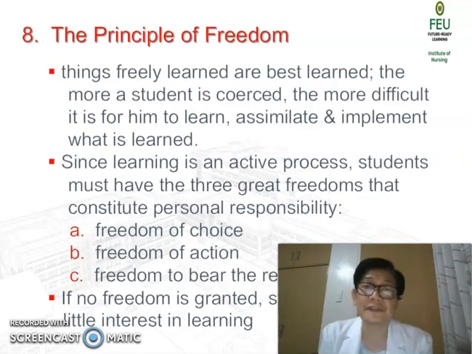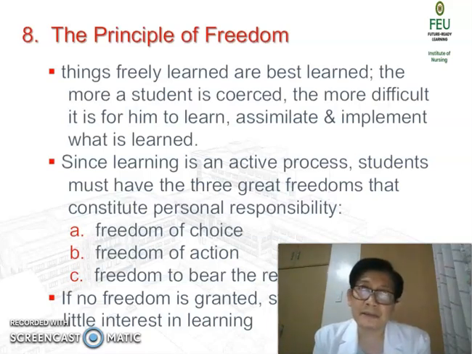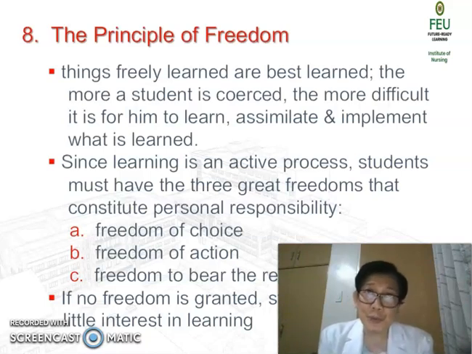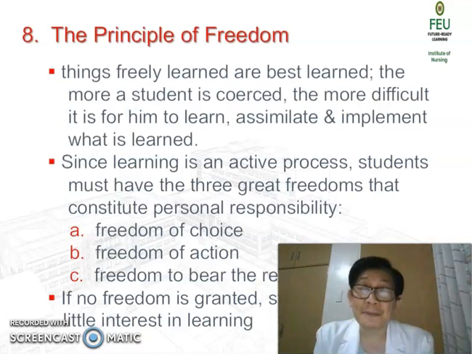Next is the principle of freedom. It says here that things freely learned are best learned. The more a student is coerced, the more difficult it is for him to learn, assimilate, and implement what is learned. So kaya nga when you are preschool, no, you were asked by your parents, no, do you want to study? And then if you show your urge to study, then your parents will enroll you in the preschool.